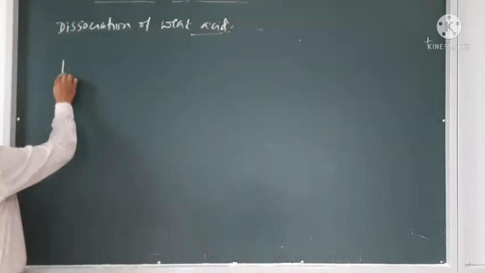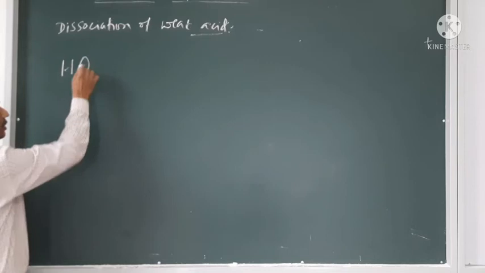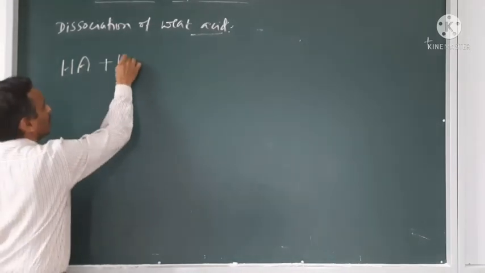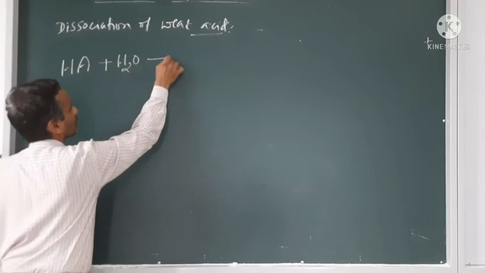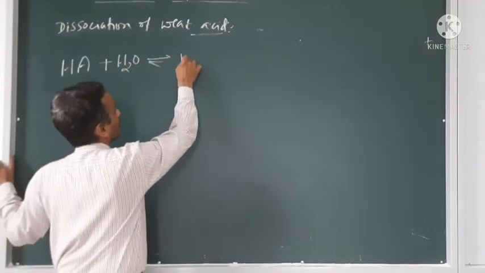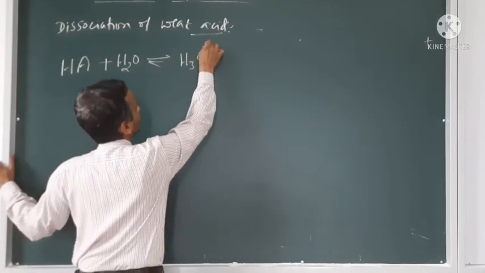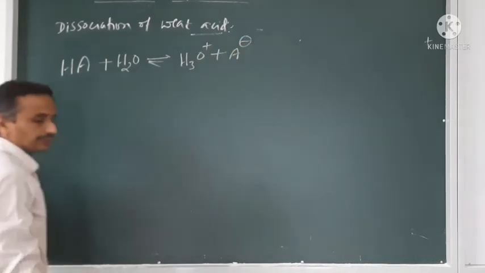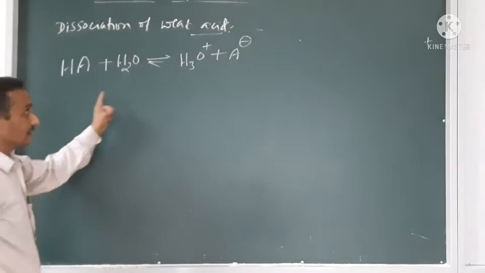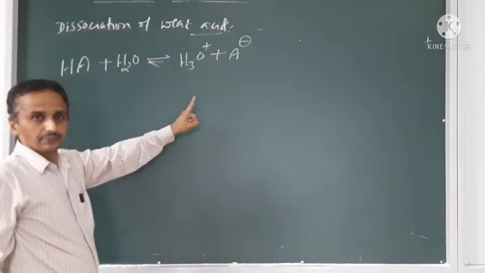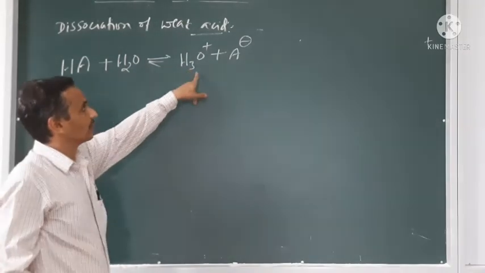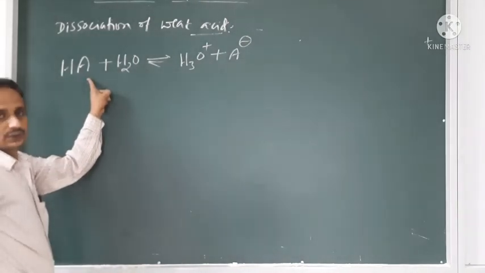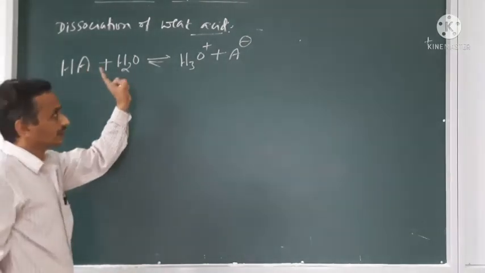I'll take a general example, HA, a weak acid. When dissolving in water, what does it give? H3O plus and the A minus ion. As a weak acid, there exists an equilibrium between these ions and the reactant molecules.